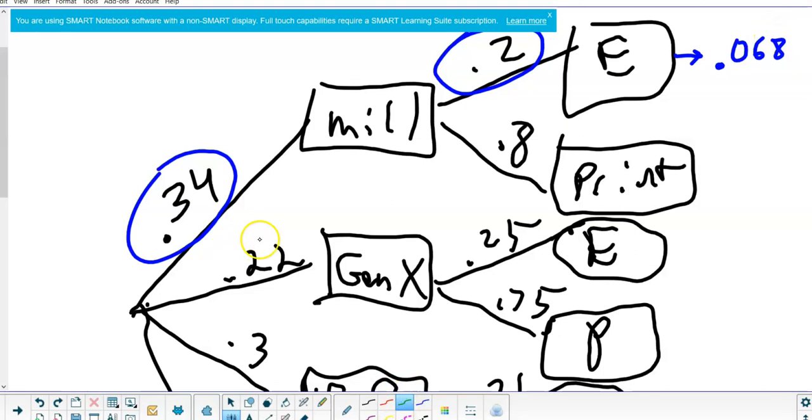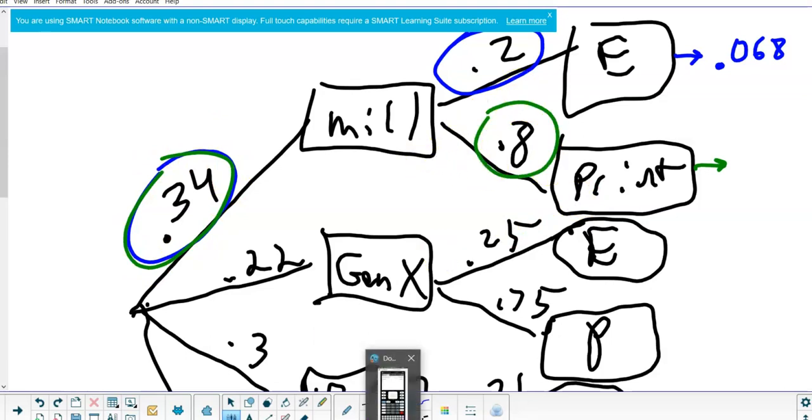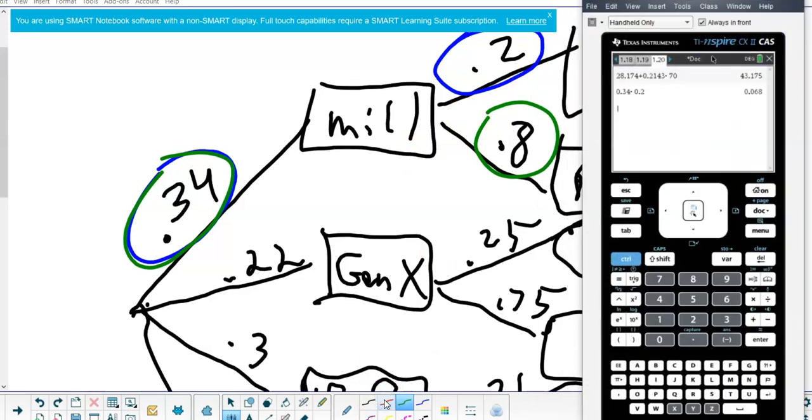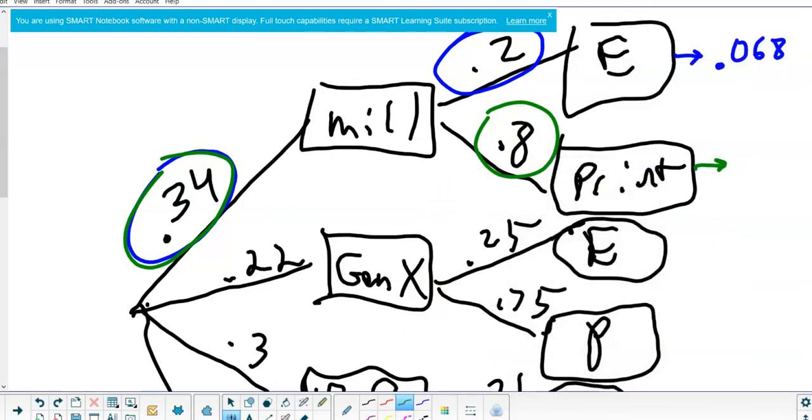To get this one right here, you're going to do 0.34 times 0.8, which is 0.272.